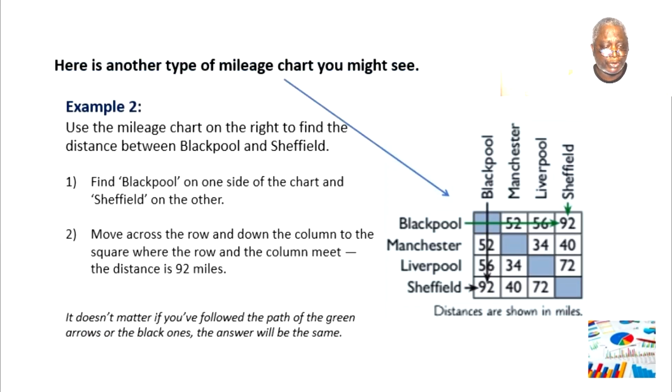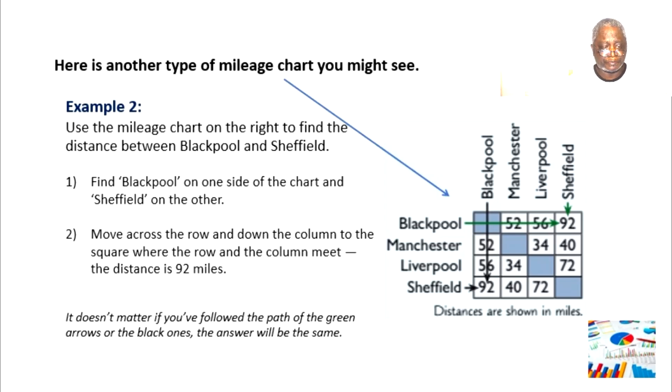Example 2. Use the mileage chart on the right to find the distance between Blackpool and Sheffield. You will see that the table has two sets of headings, one column headings and another one row headings. Where they meet is what you're looking for.